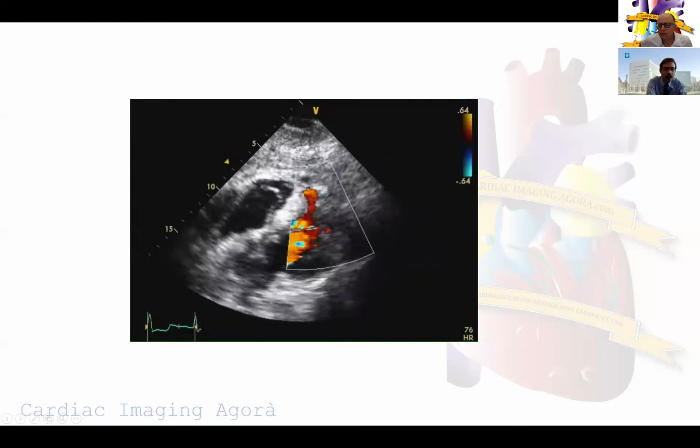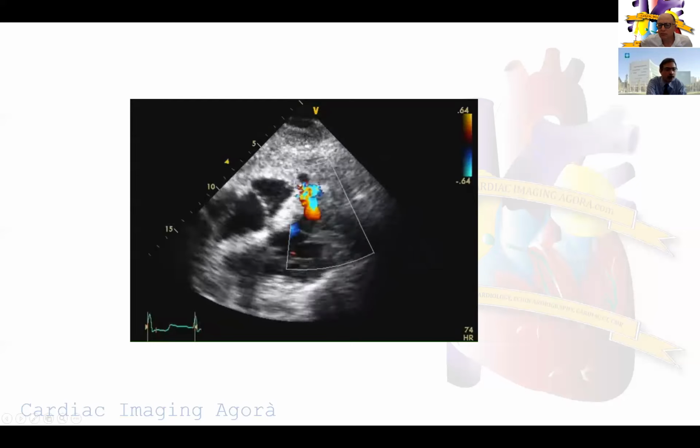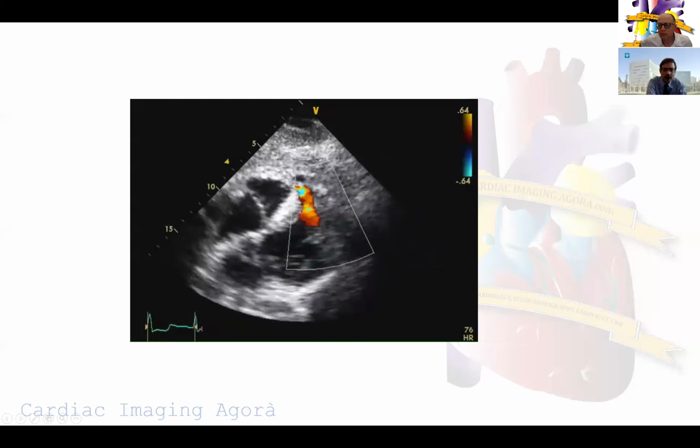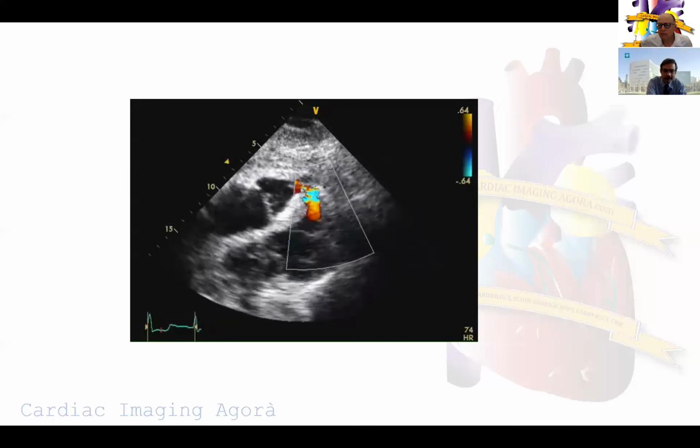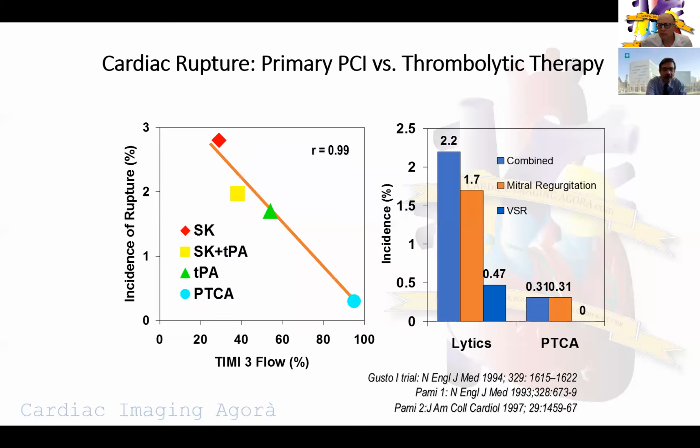And now the diagnosis completely changes from percutaneous management of a right coronary infarct to surgical management of a ventricular septal rupture. So with that background, I wanted to talk a little bit about ventricular septal rupture and mechanical complications, and then go on to give some caveats about this as a critical care tool.